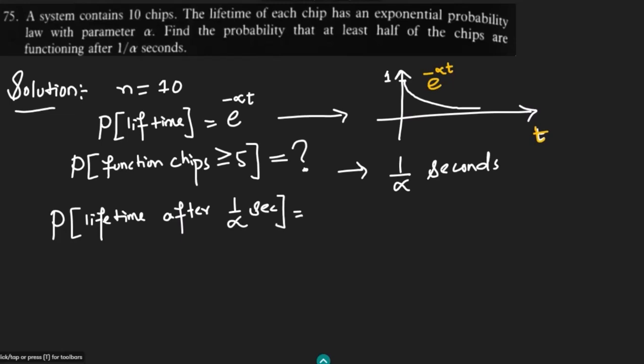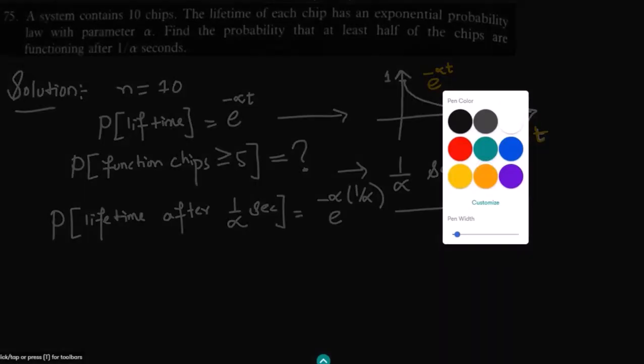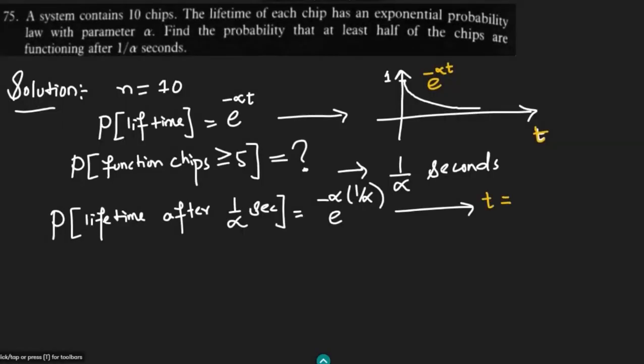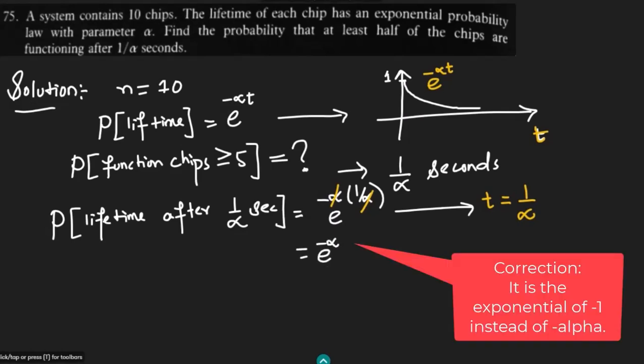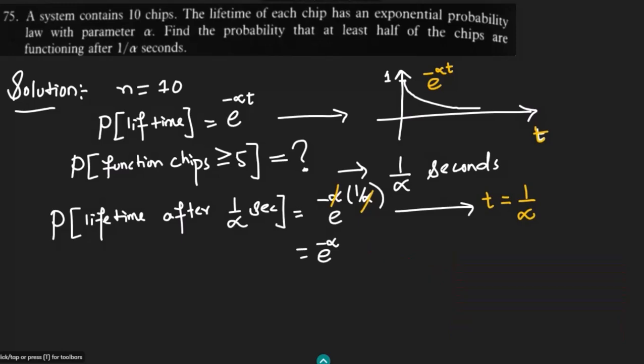It will be just minus alpha, and writing the value of t here as 1 by alpha, because now t is equal to 1 by alpha. Writing it here, these two will cancel out, and here we will get exponential of minus alpha. So this is the probability of the lifetime after 1 by alpha seconds.